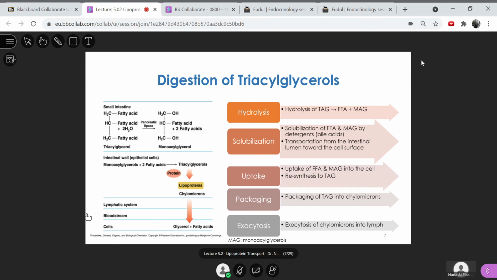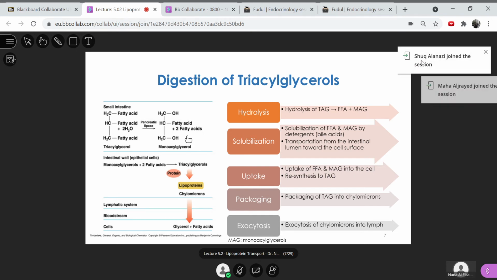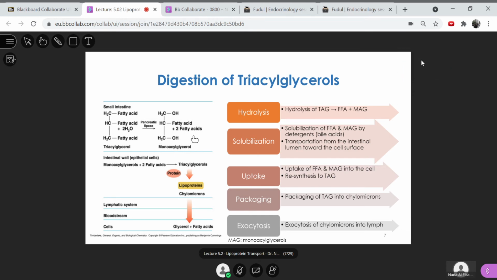So let's start to talk about the digestion of triglycerides as well. This is not new. It starts in the small intestine by the action of pancreatic lipase, releasing two fatty acids and leaving one attached to the glycerol backbone. So we have monoacylglycerol and two fatty acids. This is a hydrolysis step.